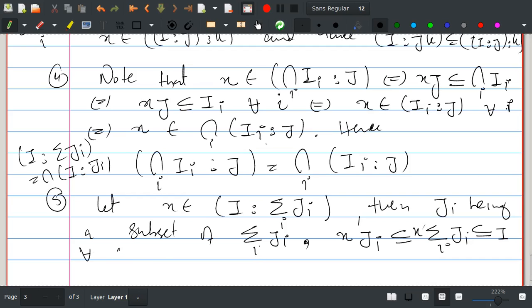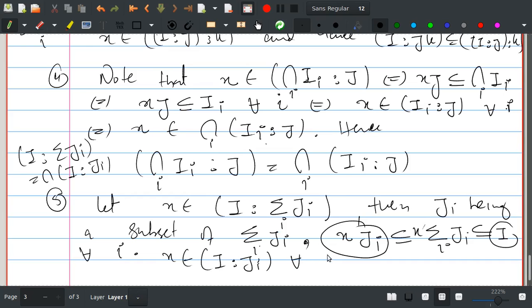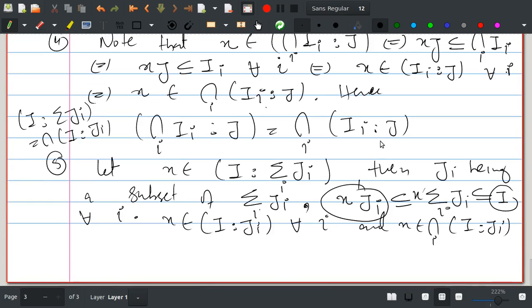That means this xJ_i is contained in I for all i, which further implies x belongs to I : J_i for all i, and hence x belongs to the intersection of I : J_i, where this intersection runs over i.